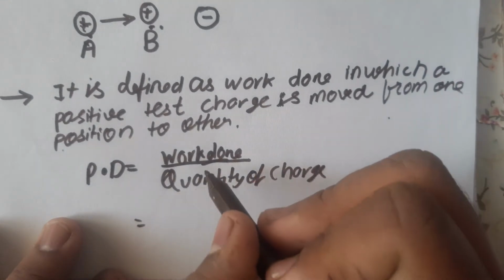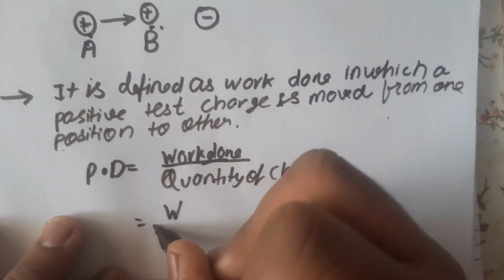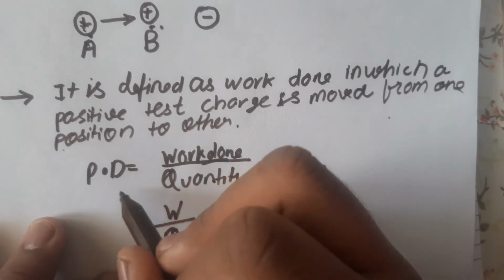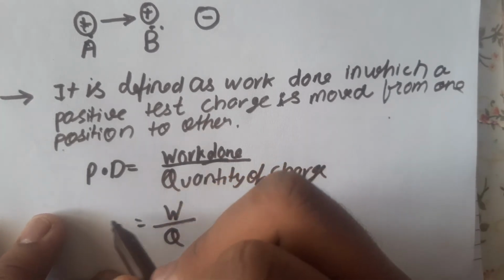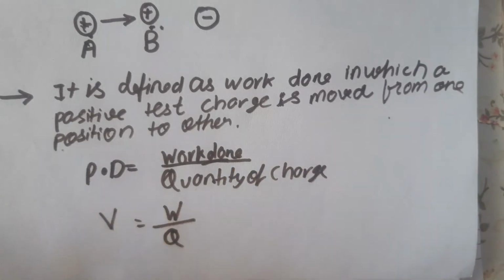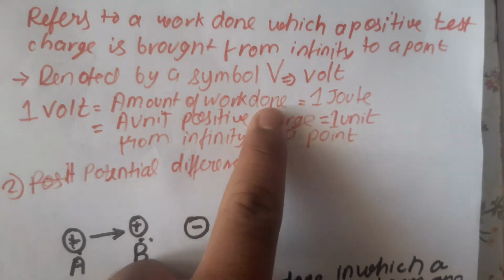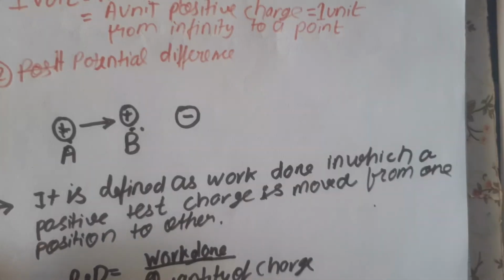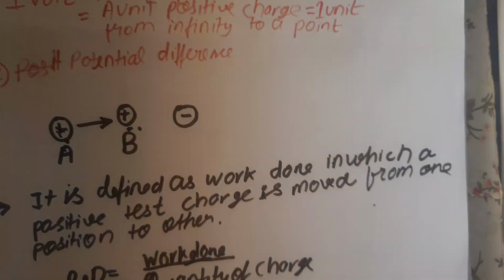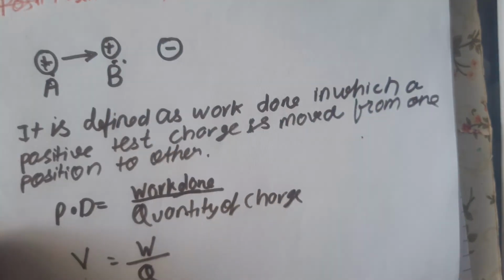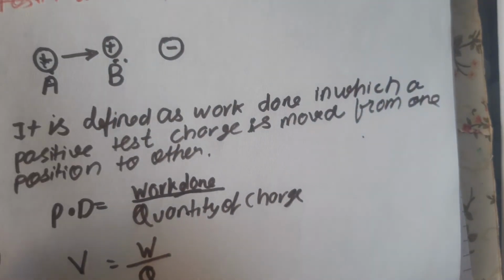This work done is denoted by W, the quantity of charge is denoted by Q, and PD is denoted by V, as we have seen here also. Both electric potential and potential difference are denoted by V.